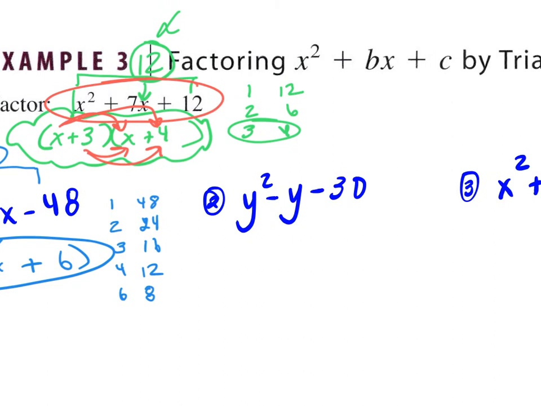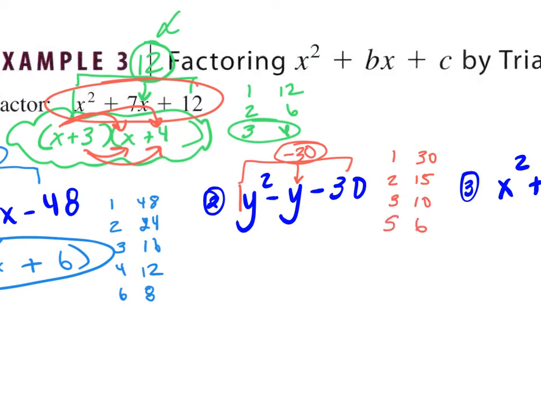All right, so here I have a is 1. If I multiply 1 times negative 30, I get negative 30. What times what gives me a negative 30 when I multiply, but a negative 1 when I add? So 30 is 1 and 30, 2 and 15, 3 and 10, 5 and 6.